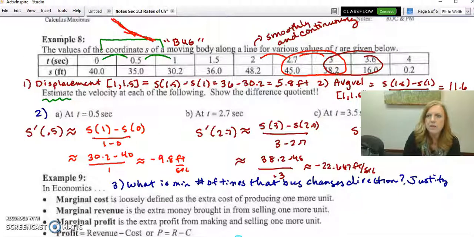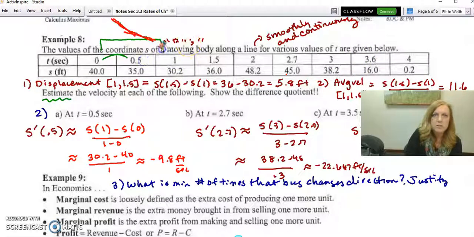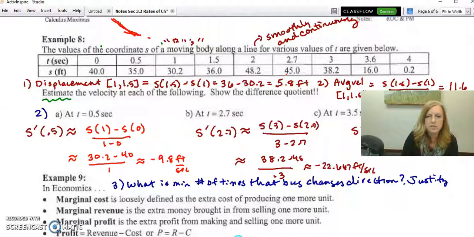Now, taking a look at it, let's see what we can do. We've got this data table here, and let me clean up some of my work. We want to look at this data table and ask, what can we guarantee? This is why this is an existence theorem. We want to guarantee how many times it changed direction. All we know is the position, so from here to here, we're going down.